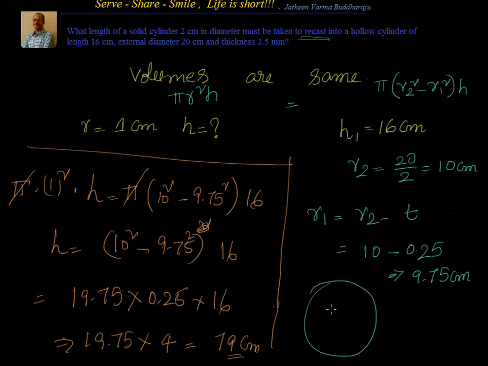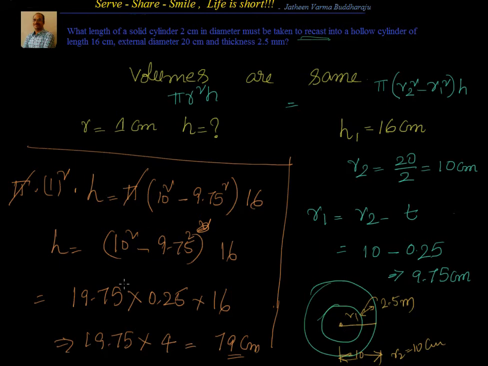For the hollow cylinder, we know the external diameter is 20, so R2 is equal to 10 centimeter. We know the thickness is 2.5 mm. If you subtract, you will get your R1. R1 equal to 9.75 centimeter.